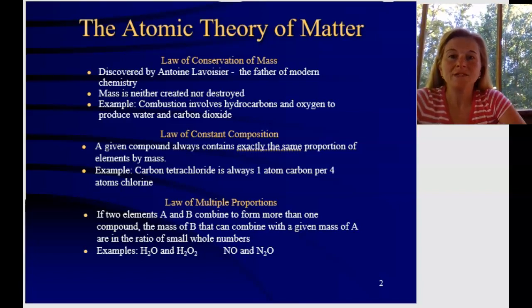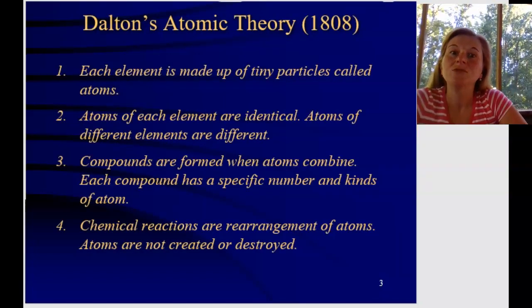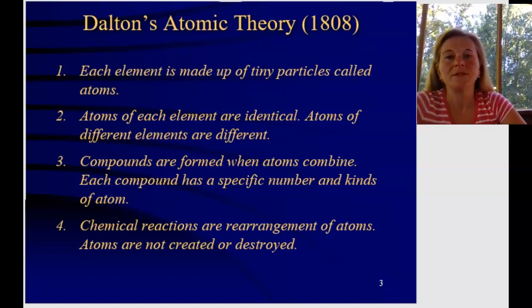So we take these laws and we get to Dalton in the early 1800s, and he creates our formal atomic theory that we will use for the basis of all chemistry. So let's take a look here. Each element is made out of atoms. Check. Atoms of each element are identical, but atoms of different elements are different.